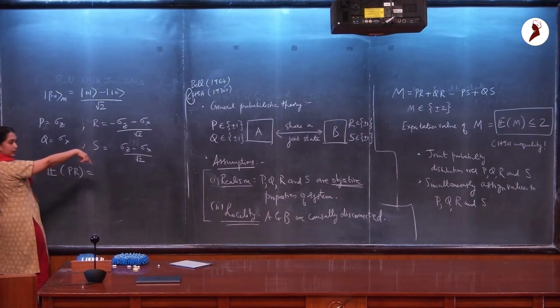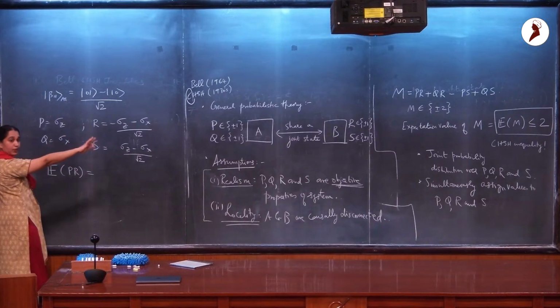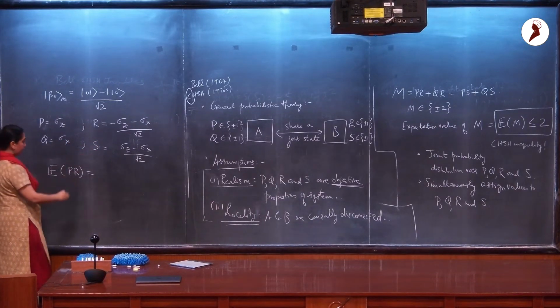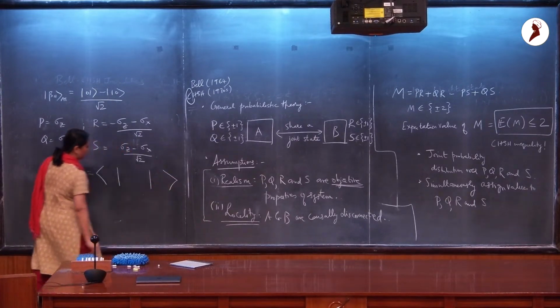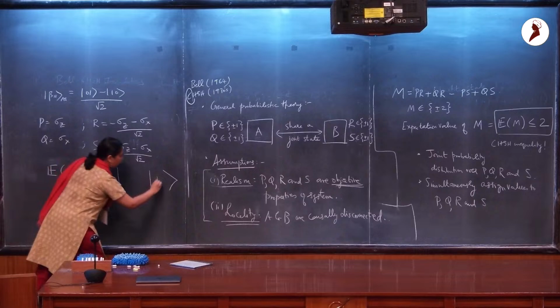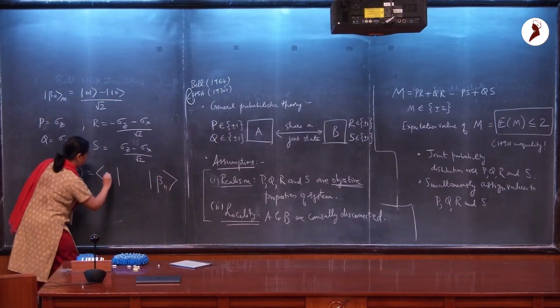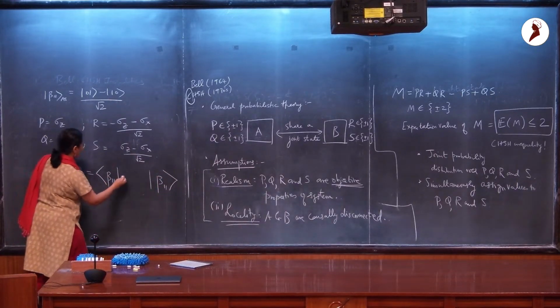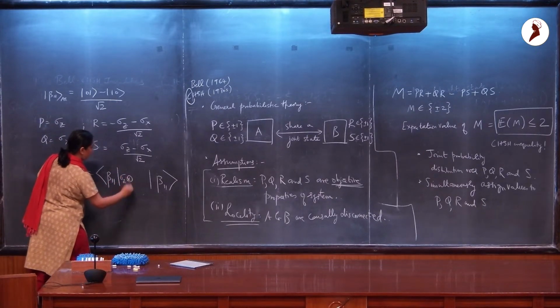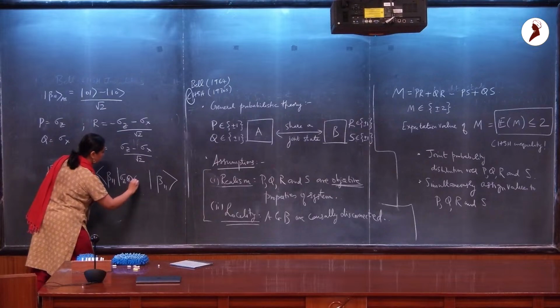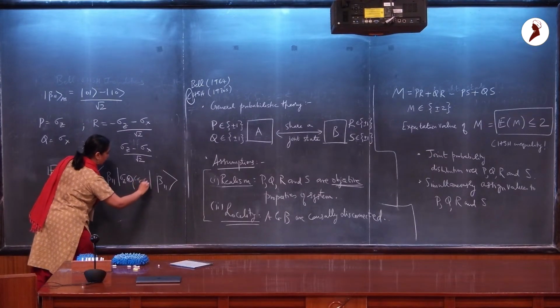P is an observable in subsystem A, R is an observable in subsystem B. So what I mean is actually this expectation value in the state which I'm calling beta 1,1 of P tensor R. So this is sigma Z tensor, whatever this is, minus sigma Z minus sigma X by root 2.